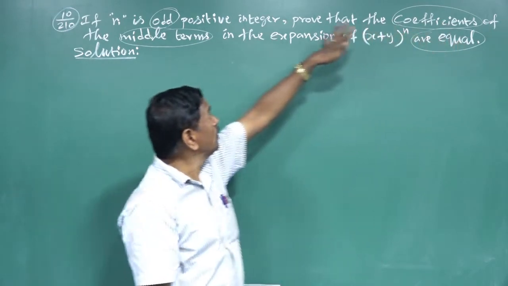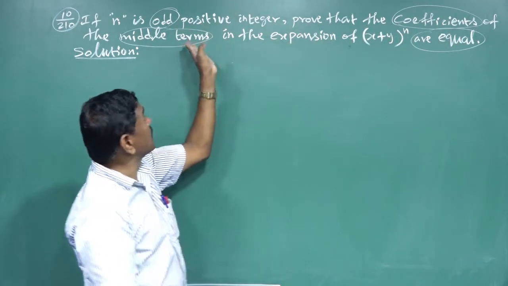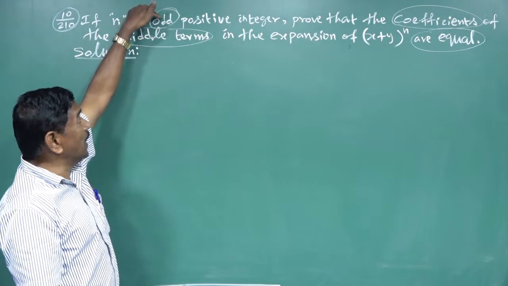So we want to prove the coefficients of the middle terms are equal, where n is an odd number.